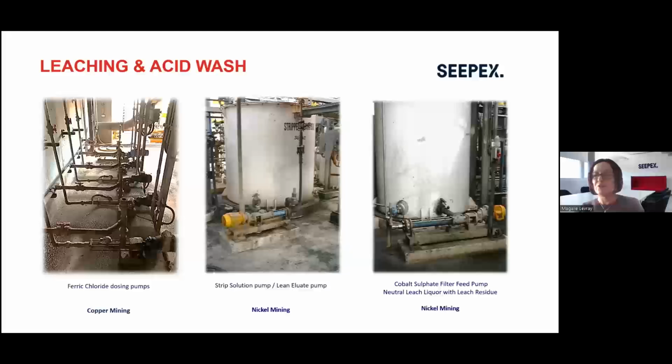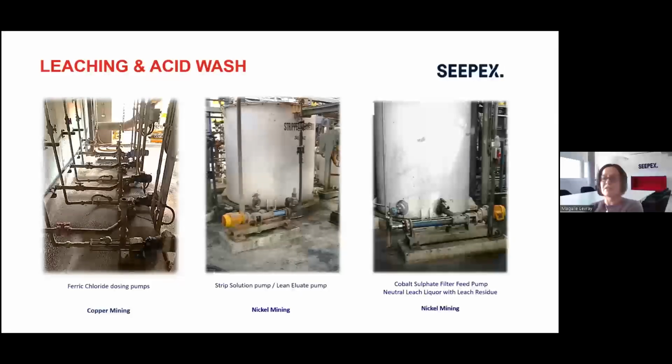Here are a few more examples of applications in the leaching process, when we move to solvent extraction or electrowinning applications. We see a few examples of ferric chloride dosing, strip solution, and lean eluate pump. Here we're dealing more with corrosion and high temperature.